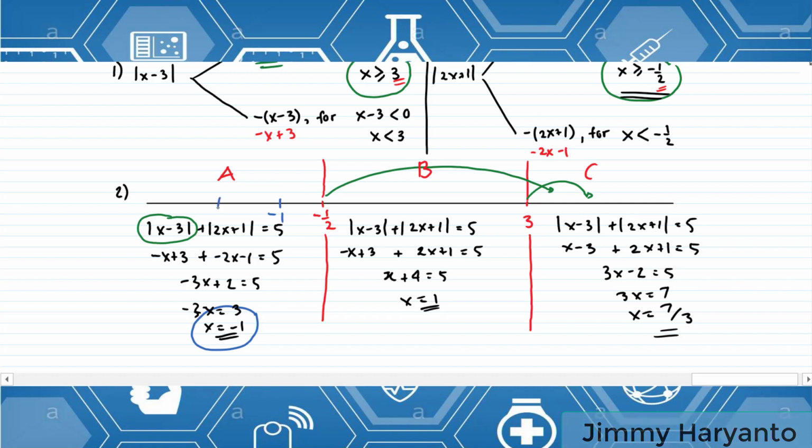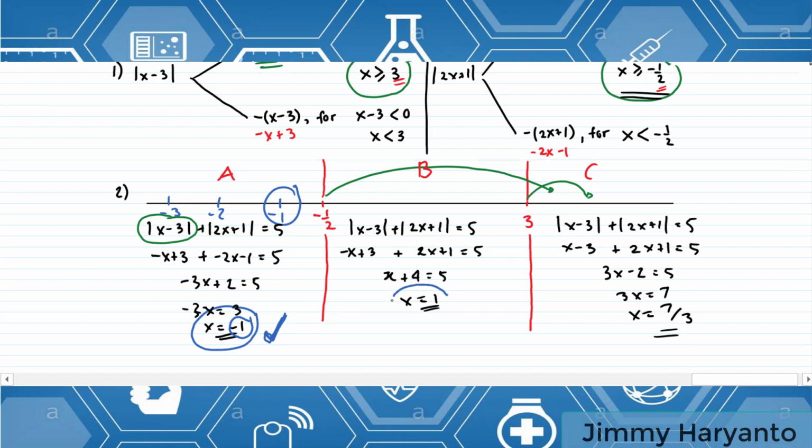So I have negative 1, negative 2, negative 3, 4, and so on right here at room A. So x equals negative 1, is it in room A? Oh yes, negative 1 is right here. So it satisfies room A.